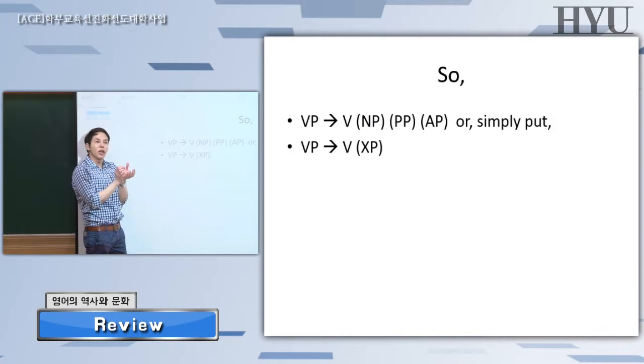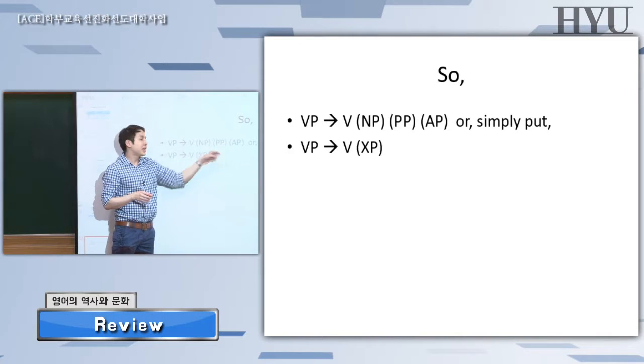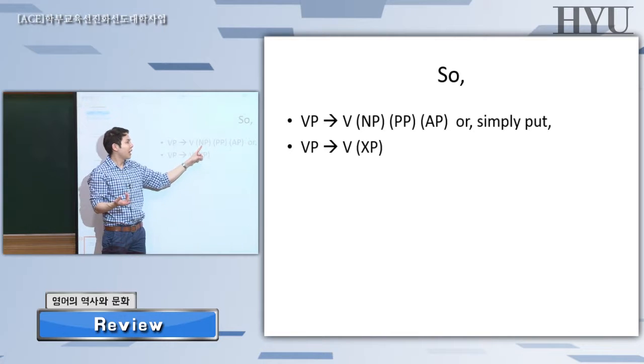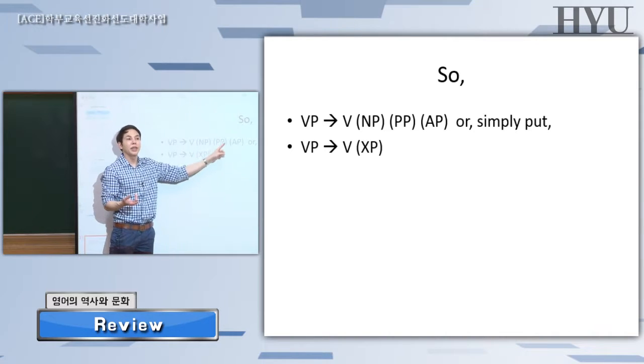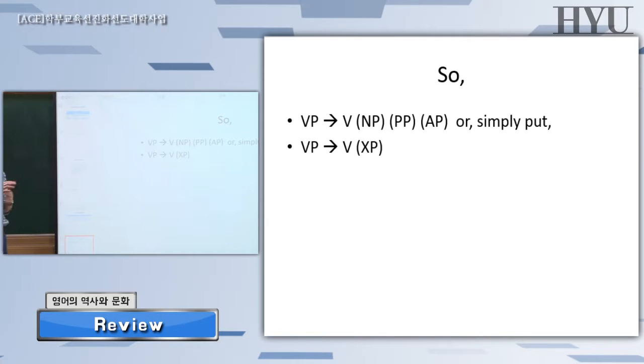Or if I want to save the space, NP, PP, or AP, I just say VP consists of V, which is here, and XP. XP meaning X could be anything. Could be an NP, could be a PP, could be an AP. So this is like a shorthand symbol for me. Right?